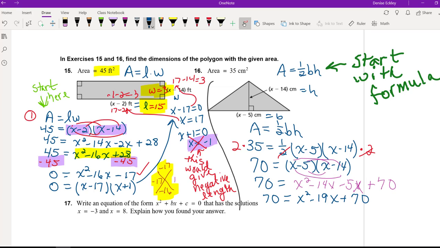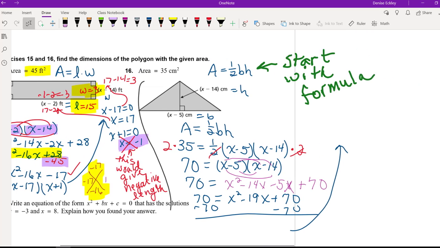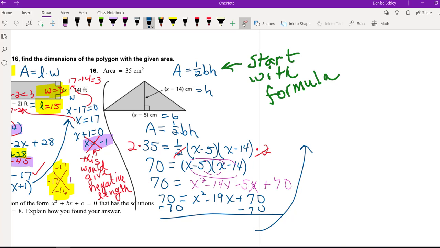It's going to be super easy. So now I can subtract the 70. So now I have 0 equals x squared minus 19x. Now I can factor that, and that's going to be a GCF factoring.